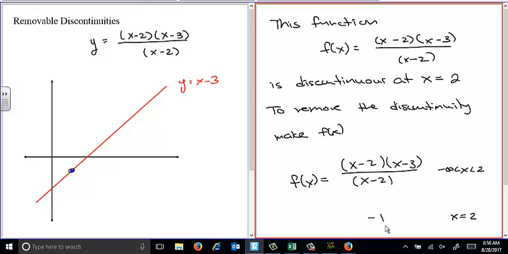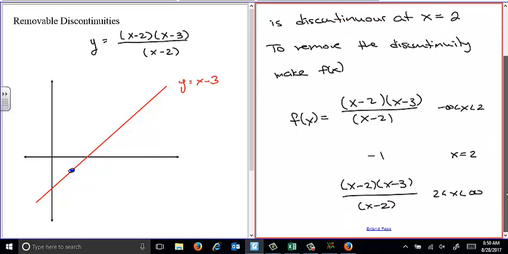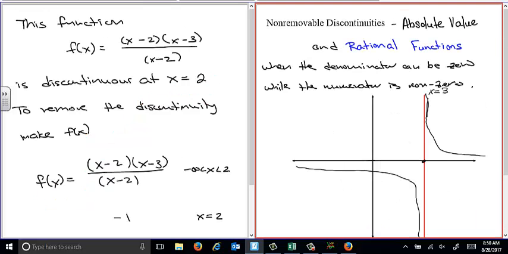So this does satisfy all 3 requirements, whereas this does not. So when I ask you to remove a discontinuity, it's going to be of this form, and basically you need to rewrite it as such. Basically you're finding the limit of the function as x approaches 2, and you make that limit equal to the value of the function, and you make sure the whole domain is defined.